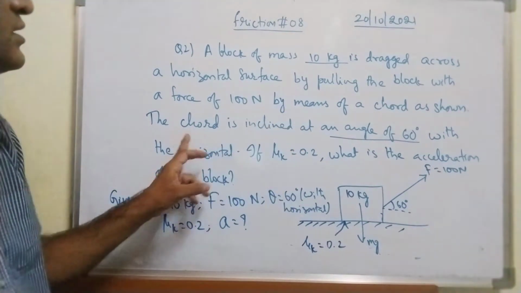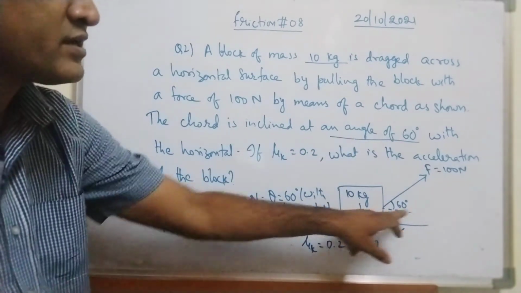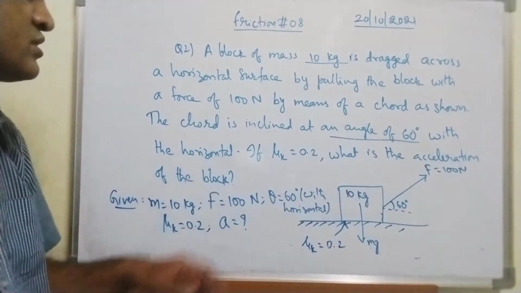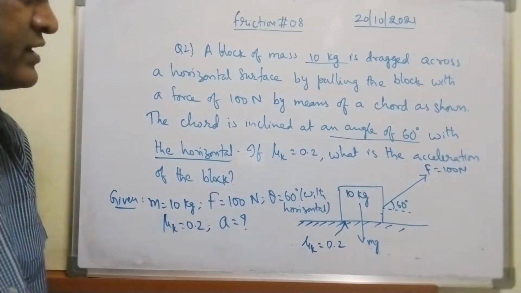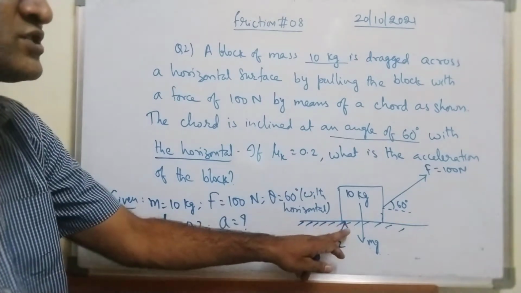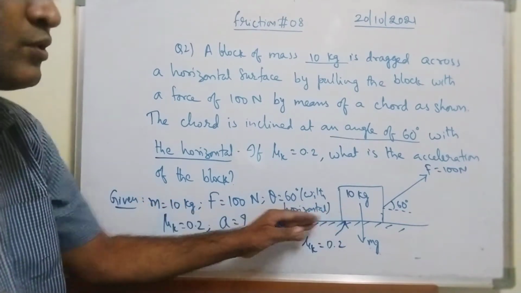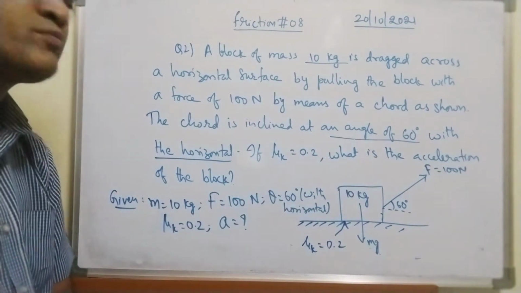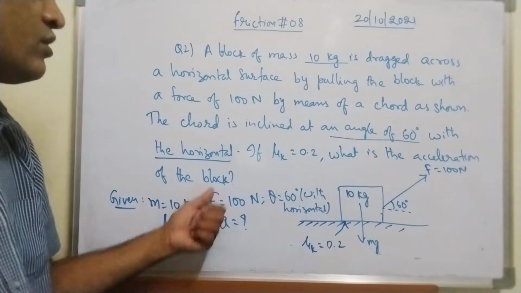The cord is inclined at an angle of 60 degrees with the horizontal. Given the coefficient of friction between the horizontal surface and the bottom of the block as 0.2, what is the acceleration of the block?